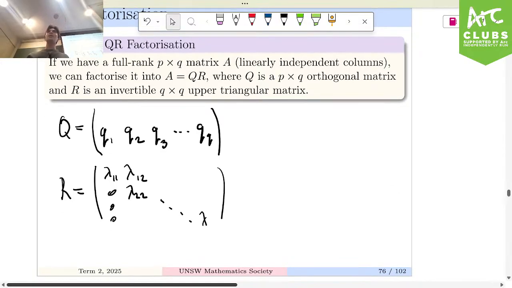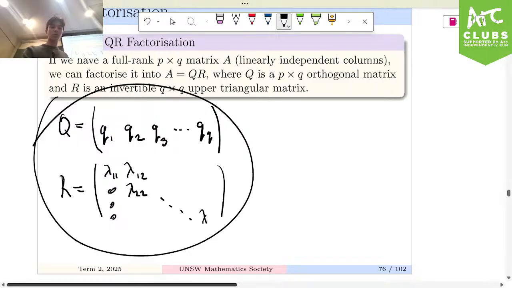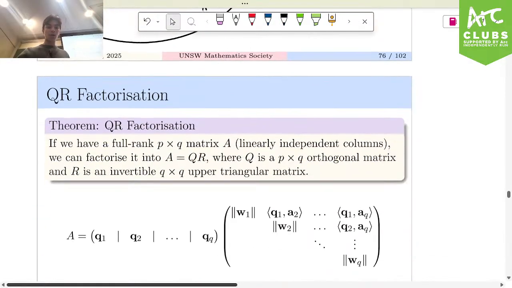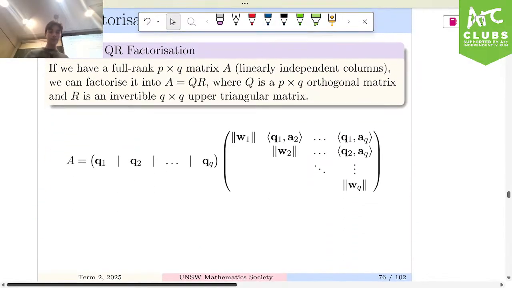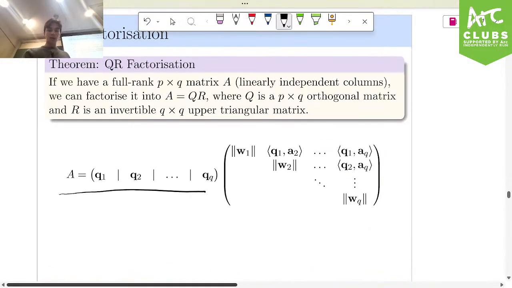This comes from basically the computation that you perform when you do Gram-Schmidt. The Gram-Schmidt process actually hands this factorization to you, as you'll see here. So this is actually your expression for what Q and R are going to look like in your QR factorization.